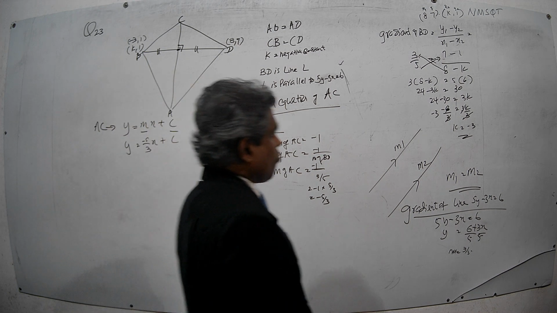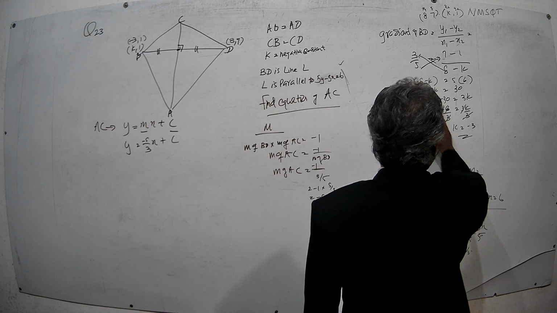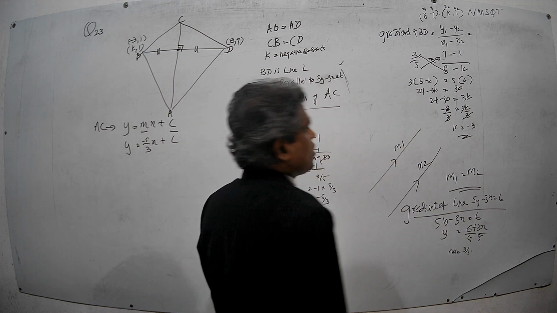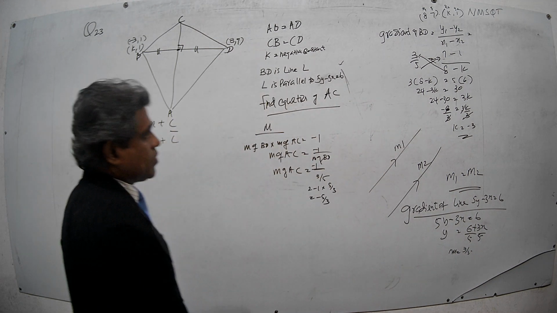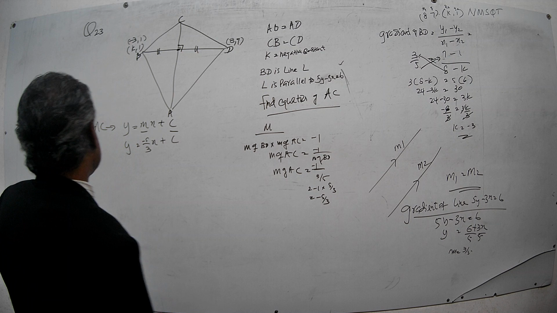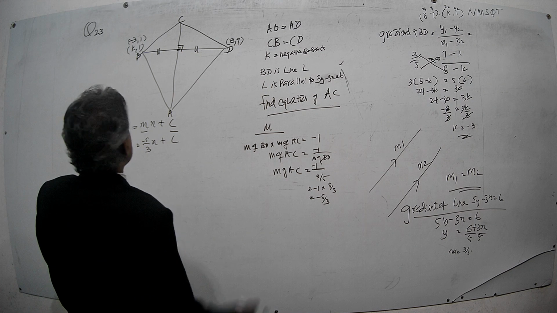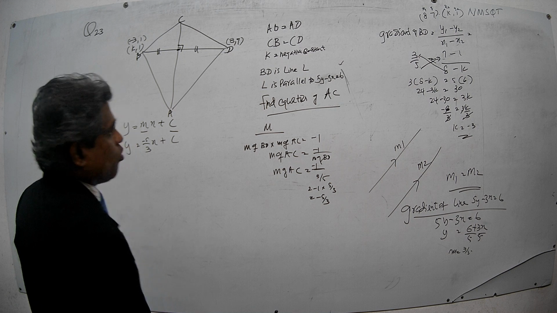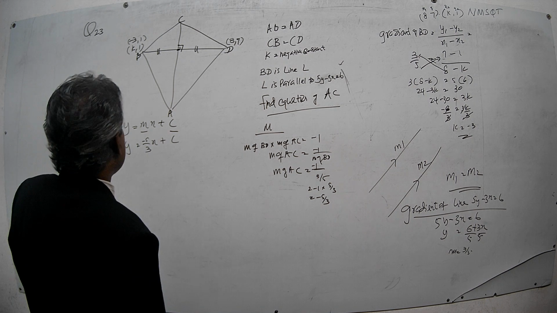Okay, then the k value was found. Now we want to find this midpoint. To find the midpoint, we use the midpoint formula. What is the midpoint formula?